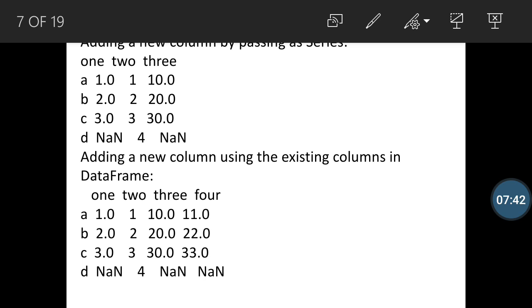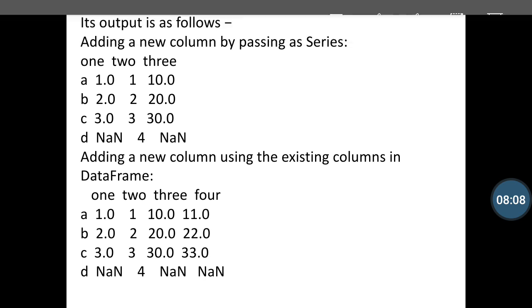You can notice that 1 plus 10 is equal to 11, and the 2 plus 20 is equal to 22.0, and 3.0 plus 30.0 is equal to 33.0, and the fourth value is None. So the fourth column value is not calculated or added by the column 4. You can note it easily.